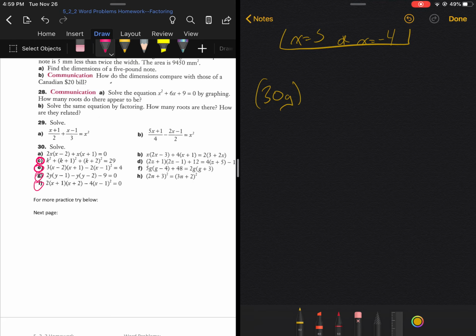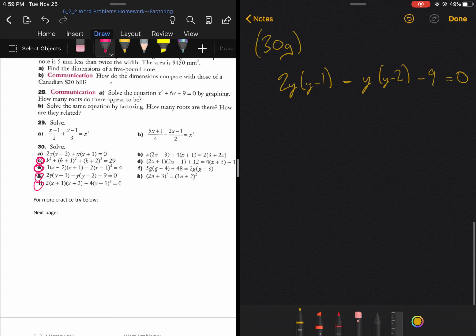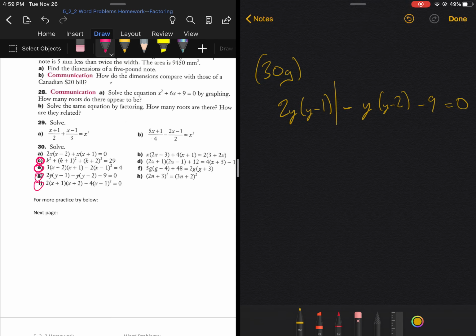That's 30E. Let's try 30G. Okay, this is all algebra. 2y(y minus 1), not times anything, it's separated by minuses. y times (y minus 2) minus 9 all equals 0.